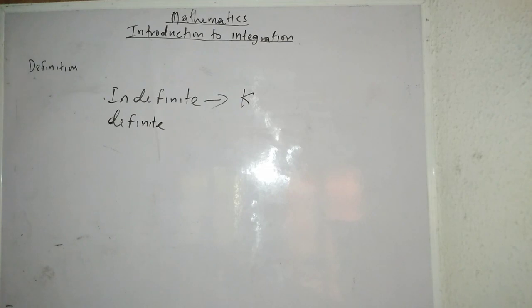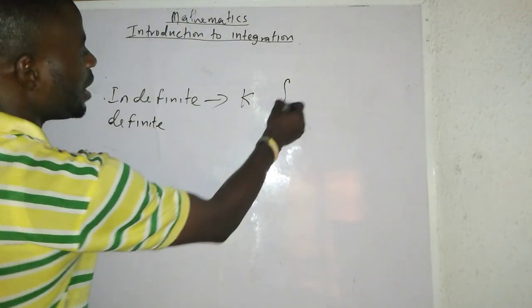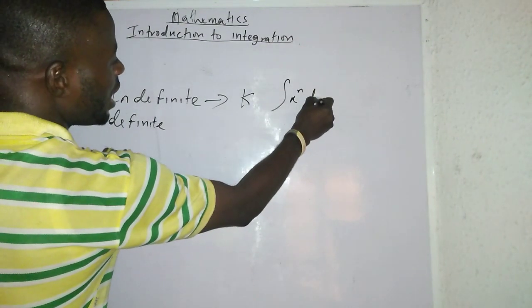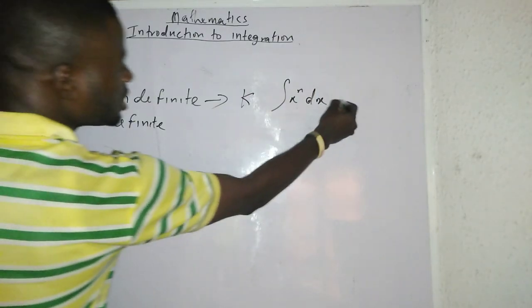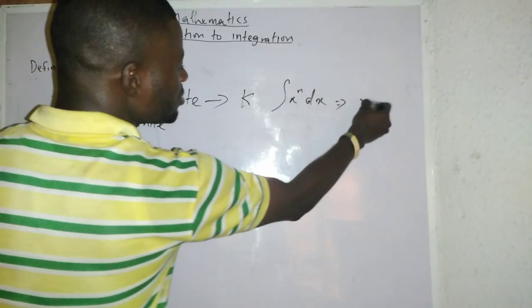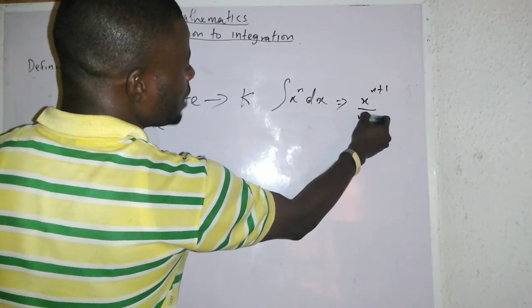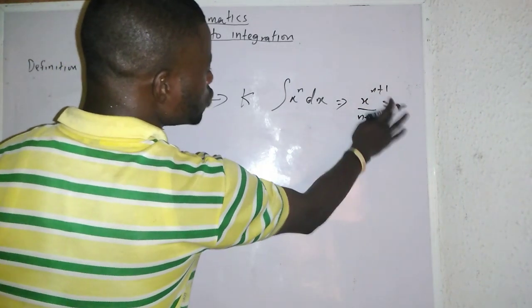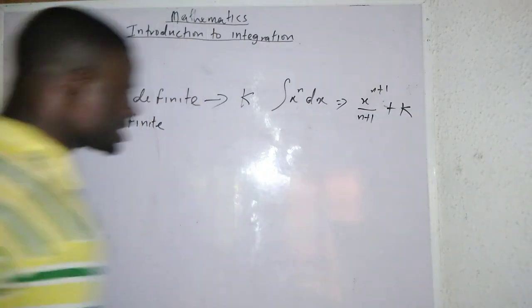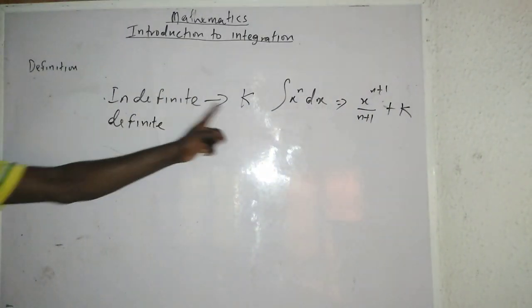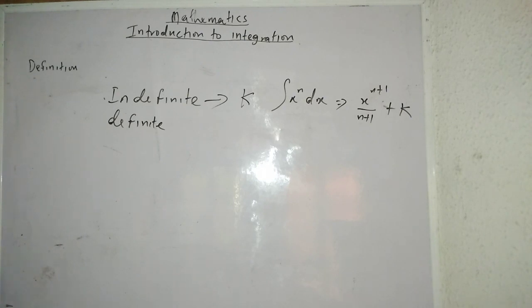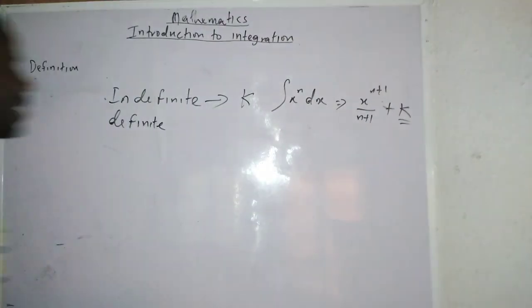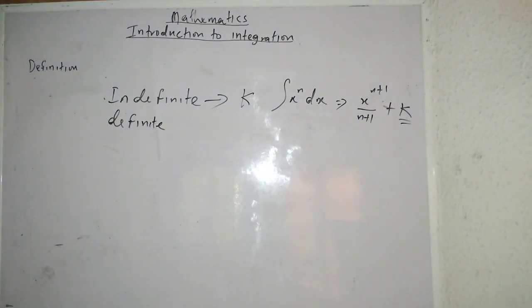For instance, if I want to integrate x raised to power n dx, it will be x raised to power n plus 1 all over n plus 1, plus k. The constant k will be attached to it. Some textbooks use k, some use c. You can use any letter as far as you can define it. That is all about the indefinite integral.